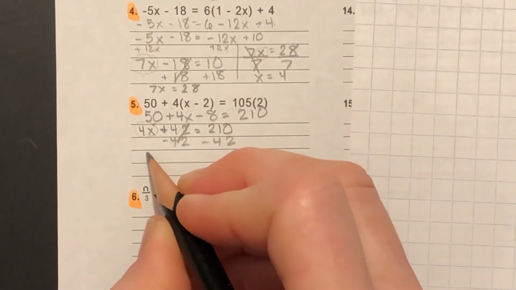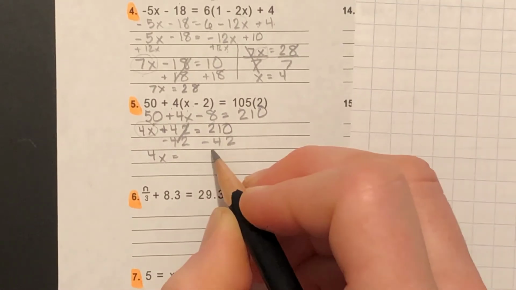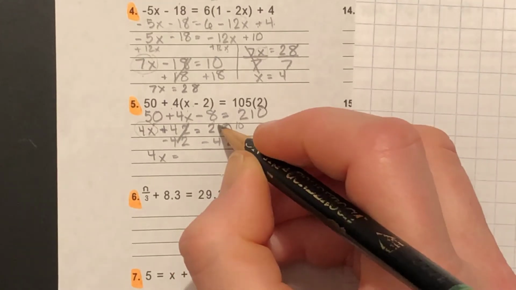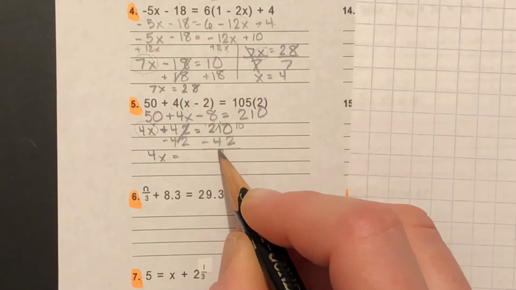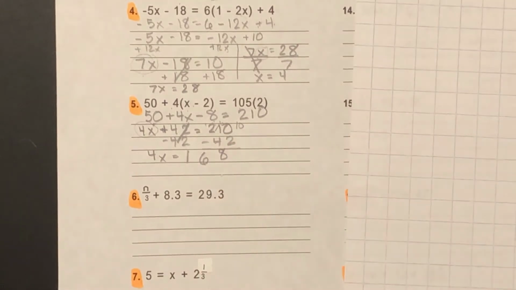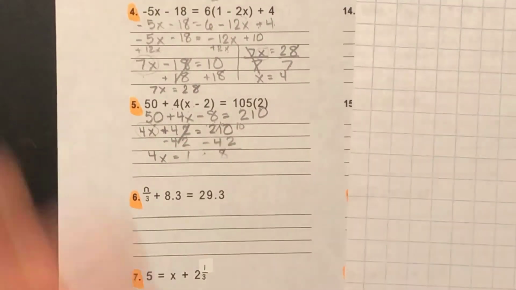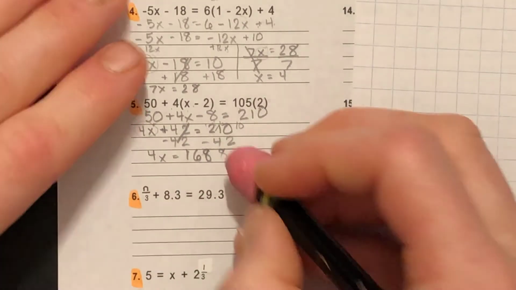That gives me 4x equals, you know what, I'm going to subtract it right here. I've got 168. I'm going to write that just a little bit neater. 168.